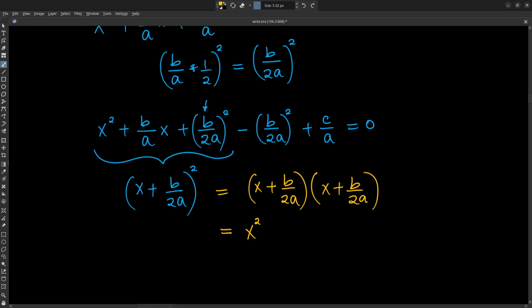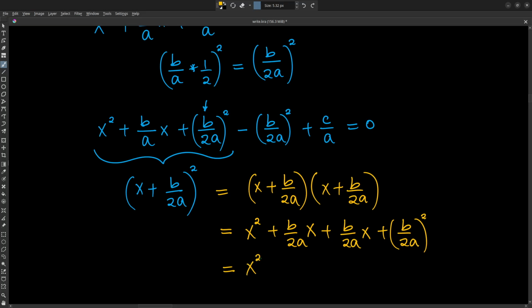Then x times b out of 2a, that is going to give us b out of 2a times x. And then b out of 2a times x, that is going again to give us b out of 2a times x. And then b out of 2a times b out of 2a, that is the same as b out of 2a squared, right?